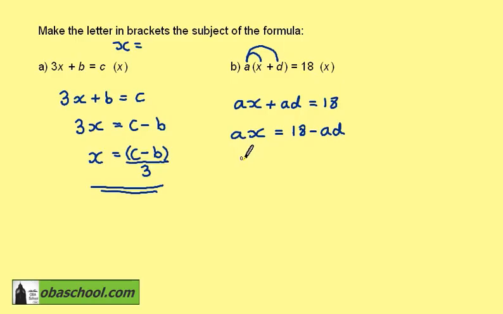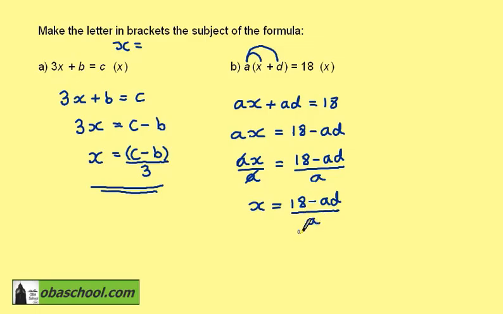Dividing both sides by a, we have ax divided by a is 18 take away ad, all divided by a. On the left, the a's cancel, leaving us with x. And then we have 18 minus ad, all divided by a.